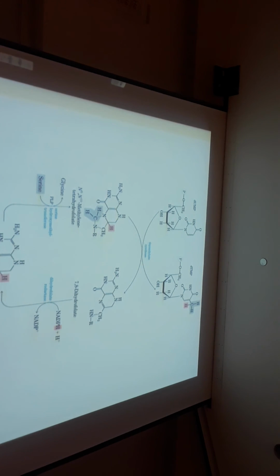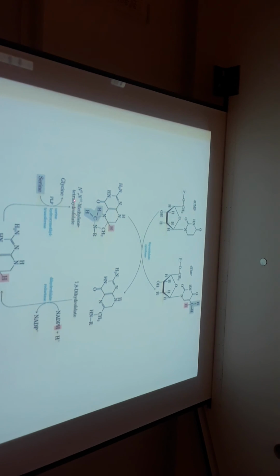Okay, we have actually a derivative of tetrahydrofolate, namely the N5,N10-methylene tetrahydrofolate, that provides this 1 carbon unit, also provides a hydrogen to actually make a methyl group, and then we convert this dUMP into dTMP. Okay, so this is also relatively straightforward.